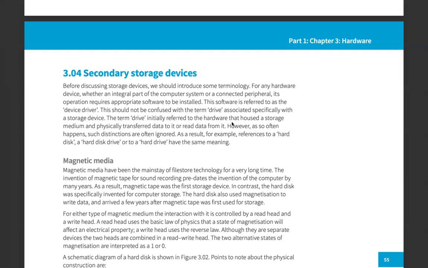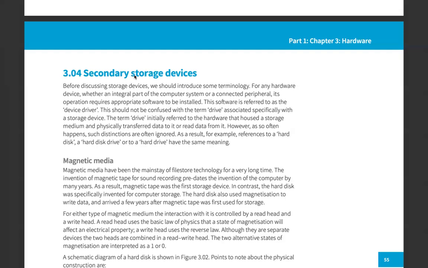However, as so often happens, such distinctions are often ignored. As a result, for example, references to a hard disk drive, or to a hard drive have the same meaning.